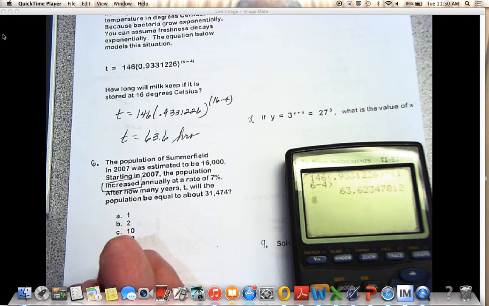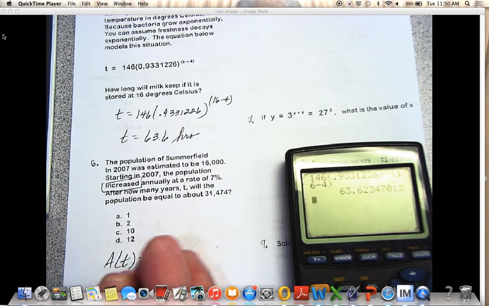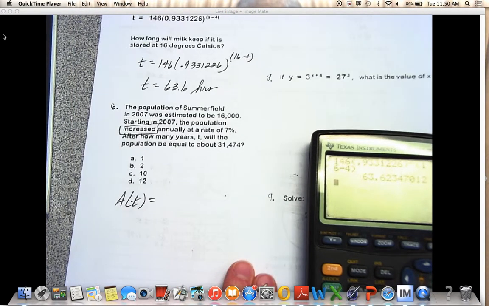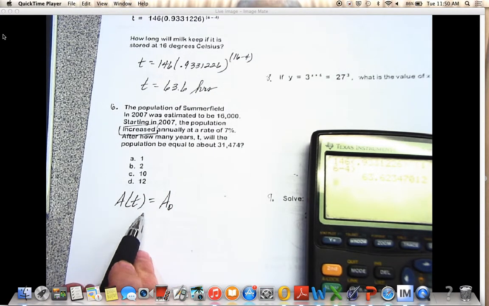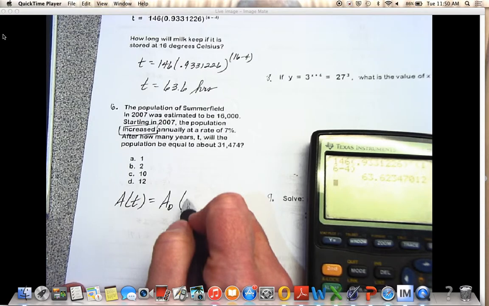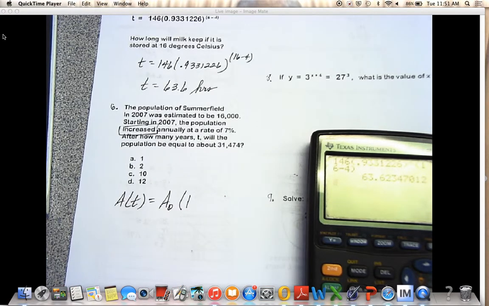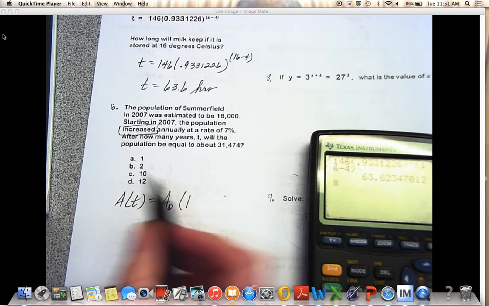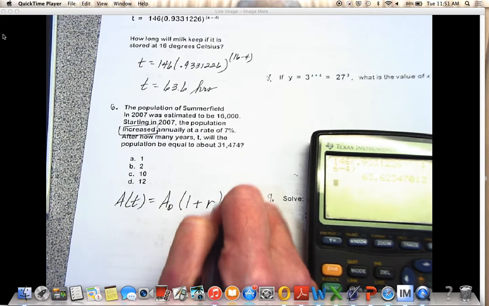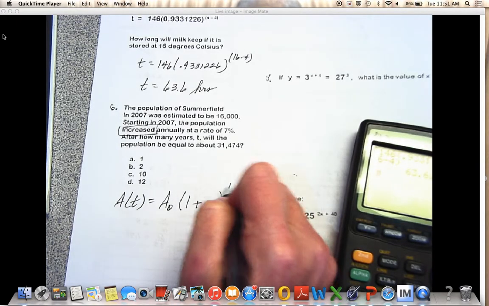It looks like A of T, the amount after a certain time, equals A sub O, your original amount, times 1, and then you decide for the situation whether it's a plus or a minus. What's it going to be if it's increasing? Plus. So we'll put plus our rate raised to the T.